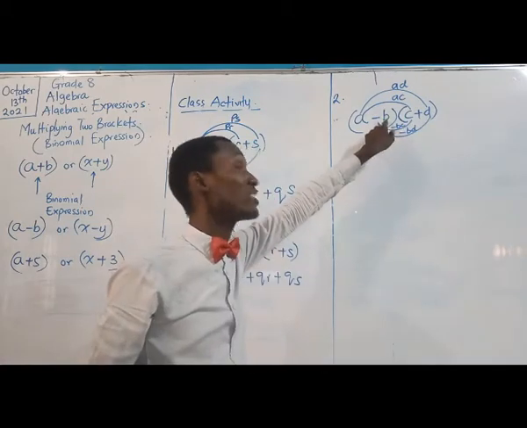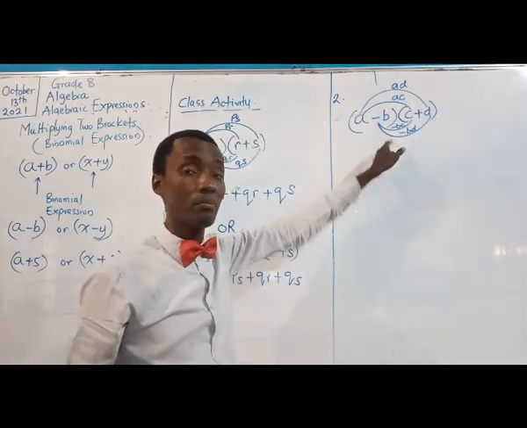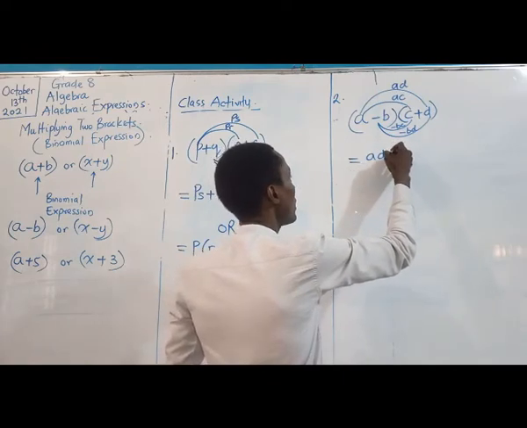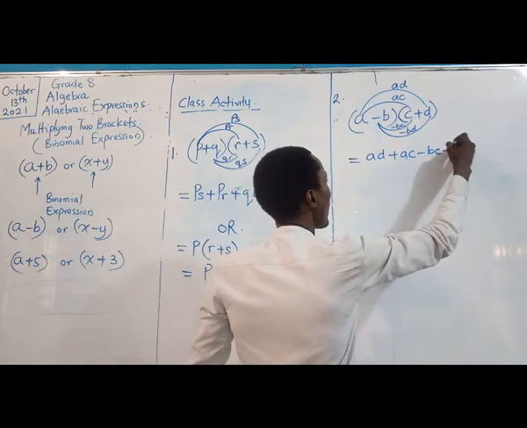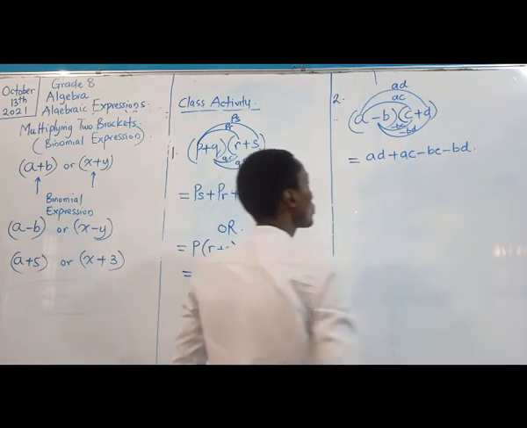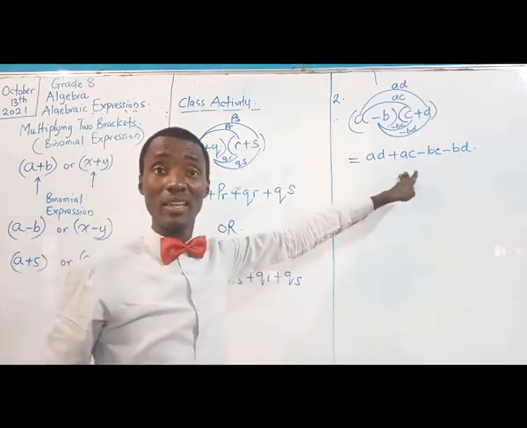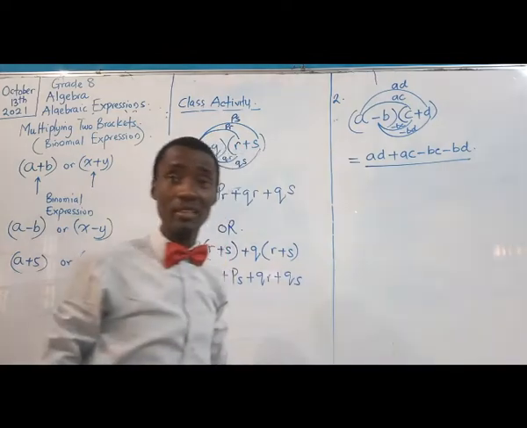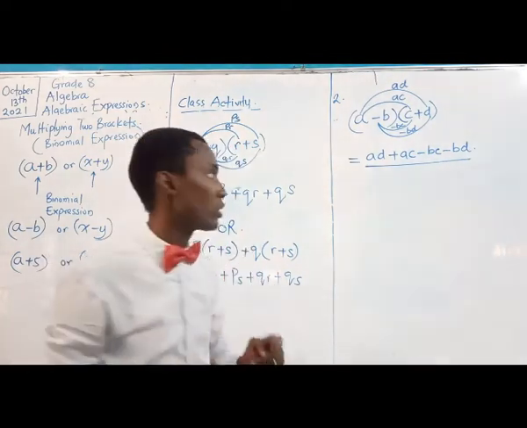Remember that B is not positive, it is what? Negative. So you must keep that in mind. Then with this, you can write your answers out. AD plus AC minus BC minus BD. And that will settle that out. Now, please, order will not really matter here. Once you have captured all the letters, all the terms, as it were, you are on course.